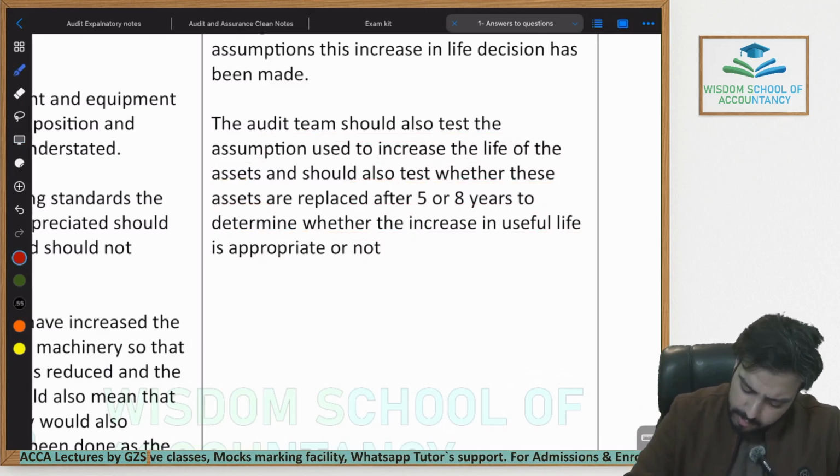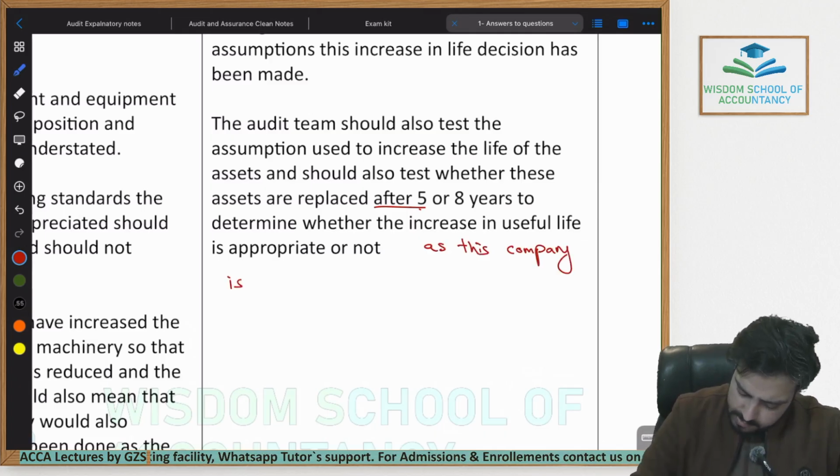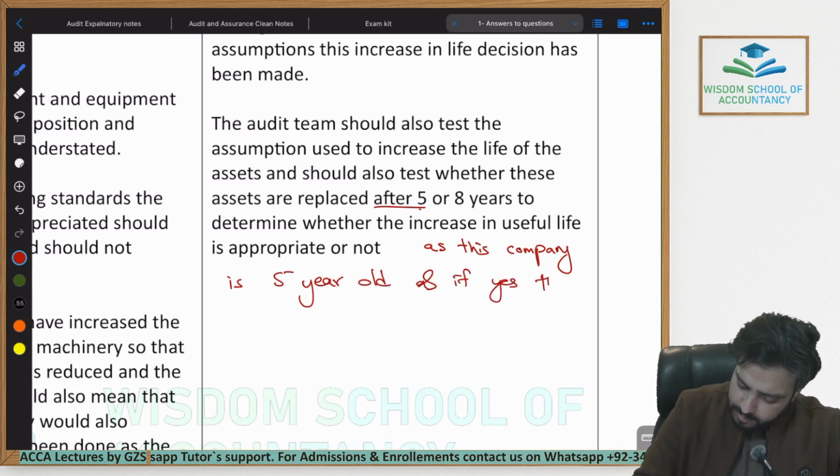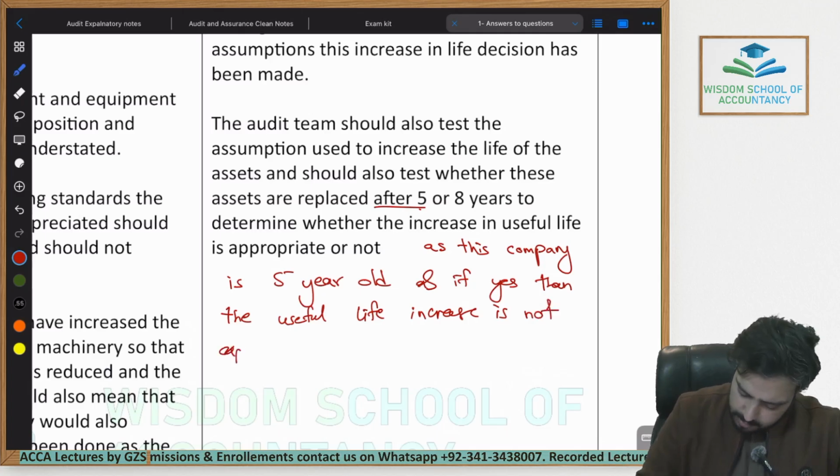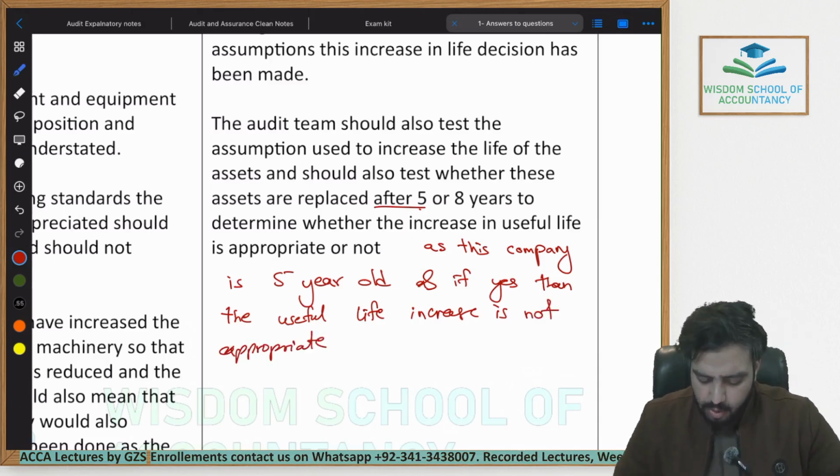Secondly, here I could have also written down: are replaced after 5 years, as this company is 5 years old, and if yes, then the useful life increase is not appropriate.